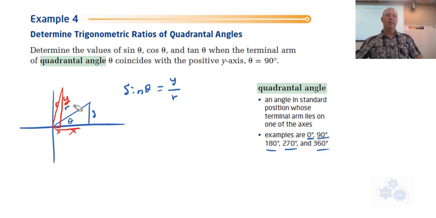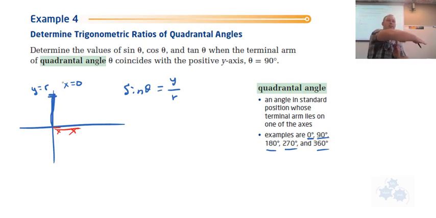So at 90, you can think about it this way. The y value and the r value are exactly the same. So y equals r, and x is 0. Remember, the terminal arm is going up like this, and here's y, and here's r, but when it gets to 90, they're both the same length.